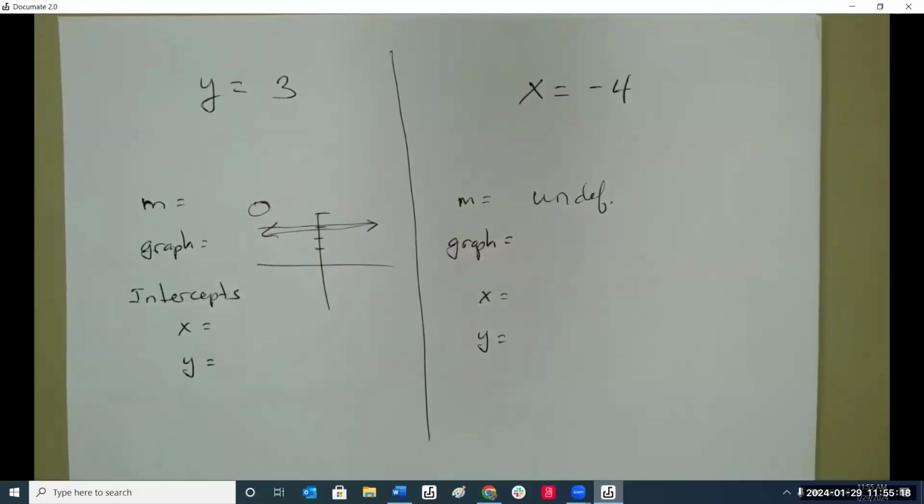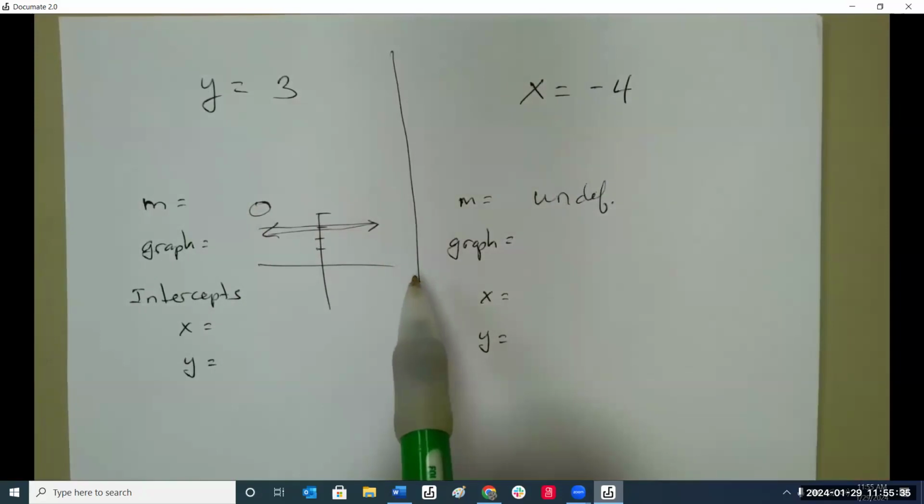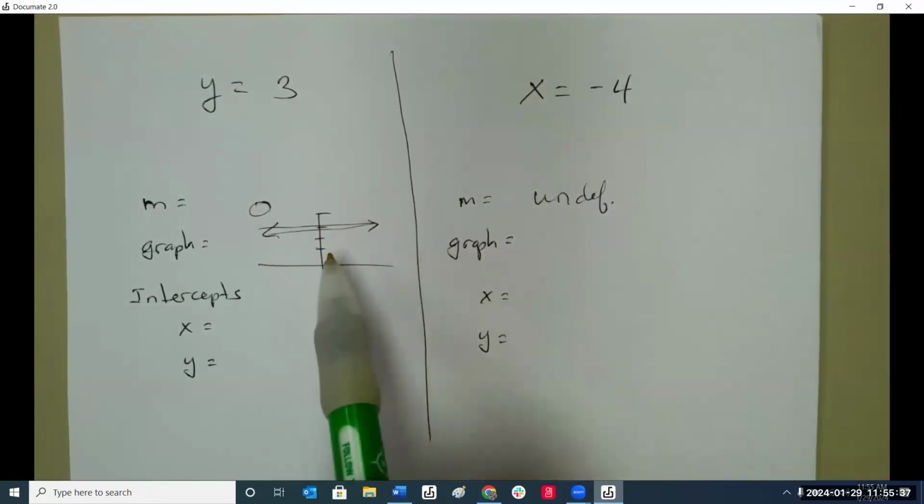The other example is the y-intercept. There's no slope, but there's something even more obvious than that. There's no x. You can only have an intercept if you have that letter in your equation. Since there's no x, we can't cross the x-axis. The only way a line cannot cross the x-axis is if it never approaches it. So it's got to be horizontal.